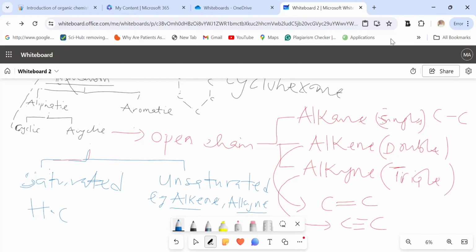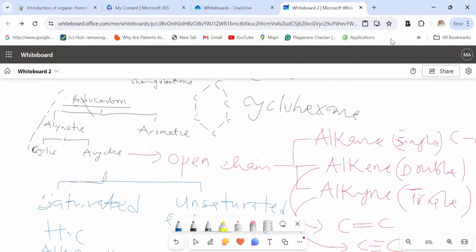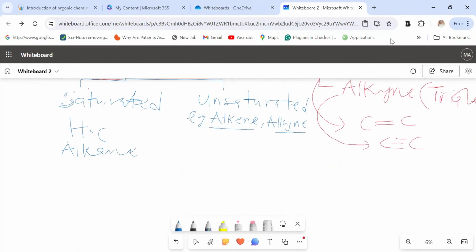In the case of saturated hydrocarbon, an example is alkane.